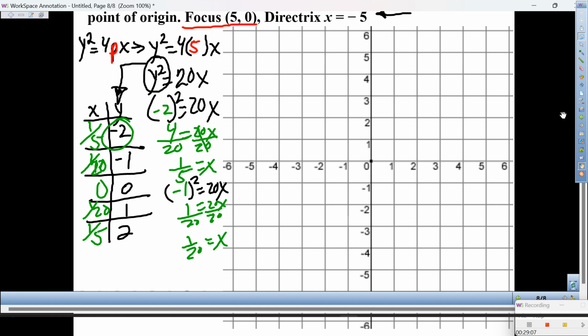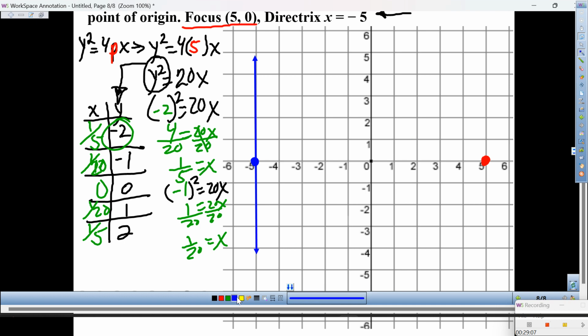Danny, so what do I do? Focus 5, 0. And then x equals -5. And which direction am I going to sketch that line? Up and down. Okay, thank you. Good correction.